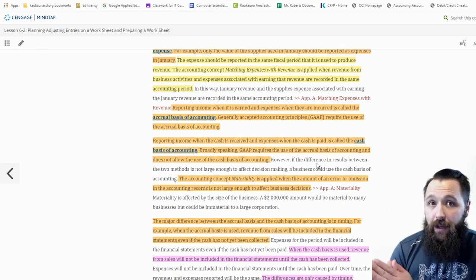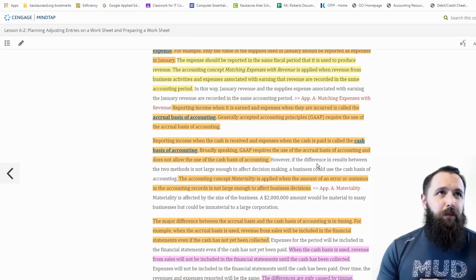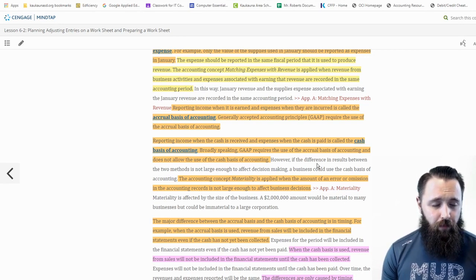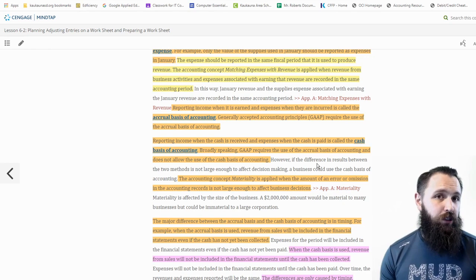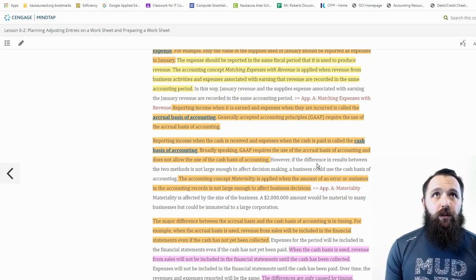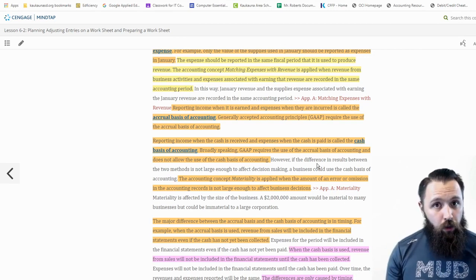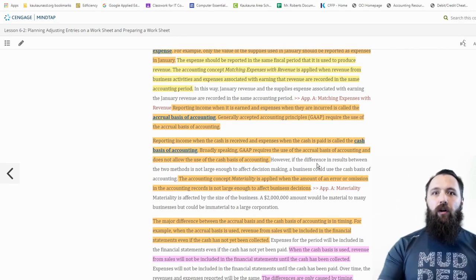On the opposite side of that spectrum is the cash basis of accounting. And that's a little bit different because you only record expenses and revenues when you receive cash for them or when you spend cash for them. So if, say, we sold some services on account, well, we don't actually record that as a revenue. Now you guys know that we use the accrual basis of accounting because we've already recorded sales.